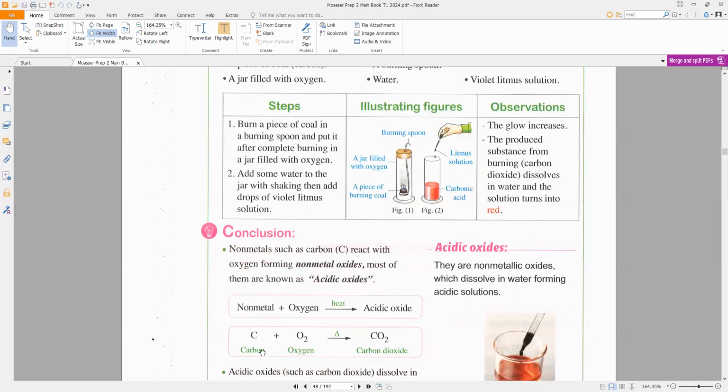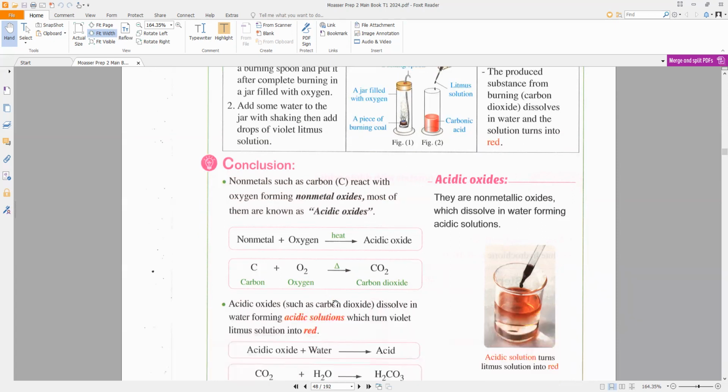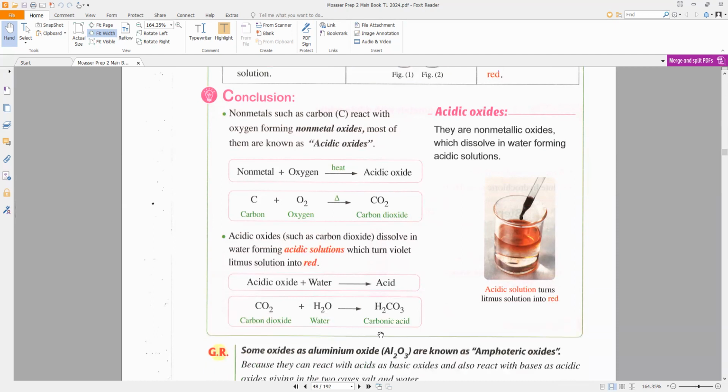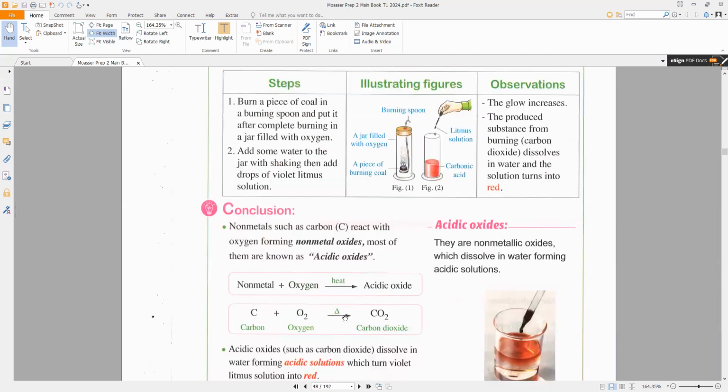Why is it called an acidic oxide? Because when dissolved in water, it forms acid, and acid starts with positive hydrogen ion. So the non-metal reacts with oxygen forming the non-metallic oxide, called acidic oxide.